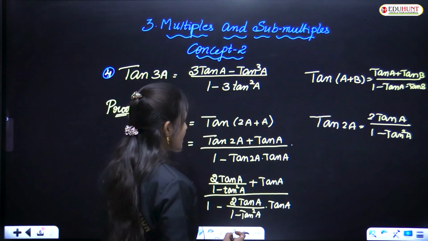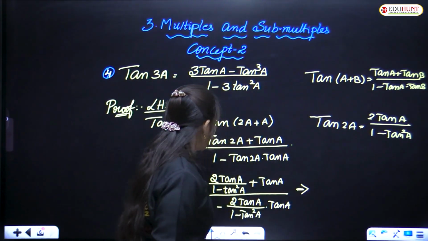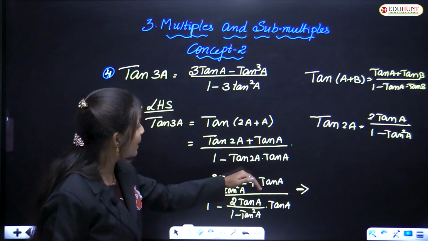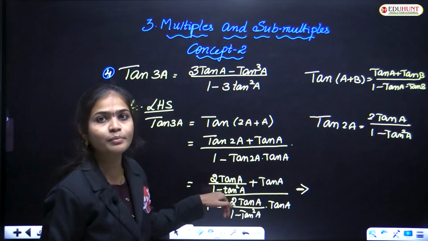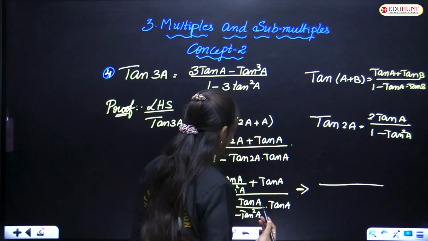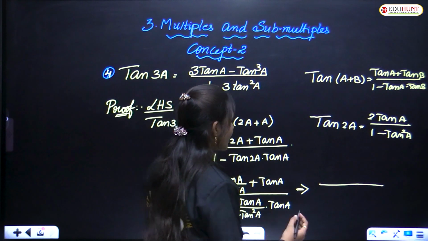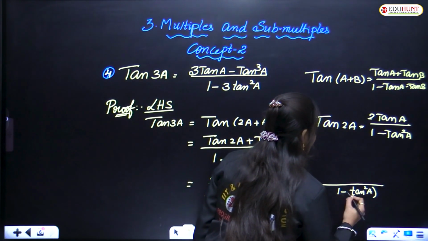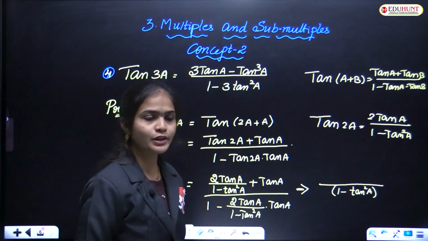Okay. Now simplify this. So 2 tan a by 1 minus tan square a plus tan a is there. So first simplify the numerator here. In the numerator, what is the LCM here? 1 minus tan square a. So that is the LCM of the numerator.